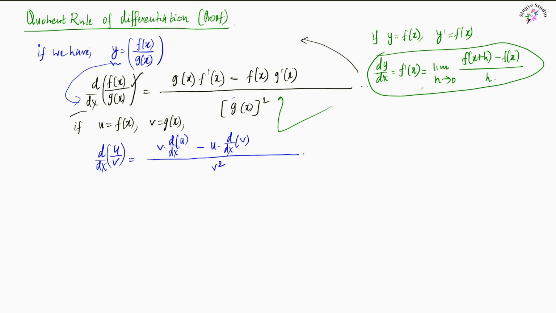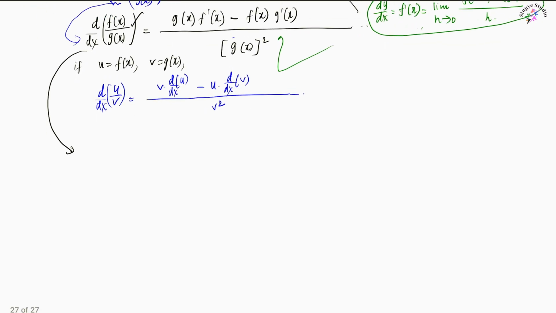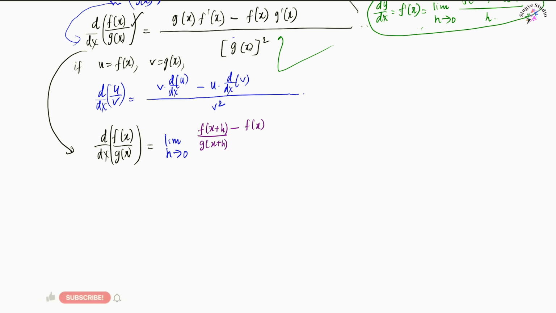Now we can express the derivative of f of x divided by g of x with respect to x in the limit definition as the limit as h approaches 0 of f of x plus h over g of x plus h, minus f of x over g of x, all divided by h.